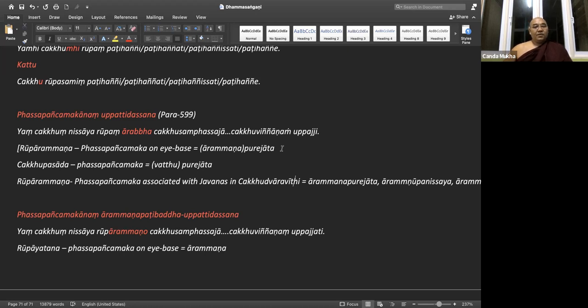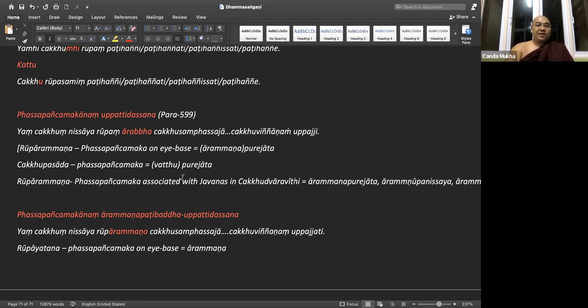Then for the Cakkhu-pasada, I think it is very clear. That is Vatthu Purejata. The eye base, eye sensitivity, supports Phassa and so on, which arise on the eye base by means of the Vatthu Purejata Paccaya.